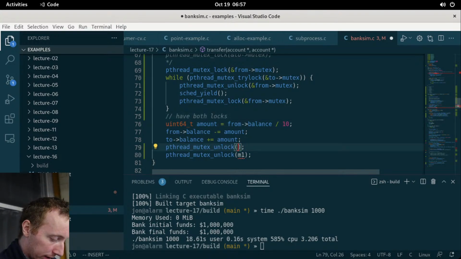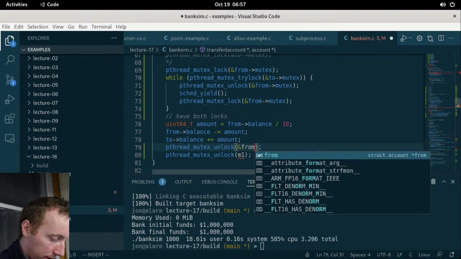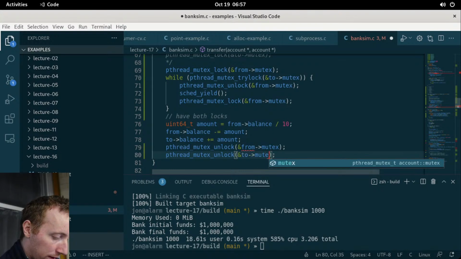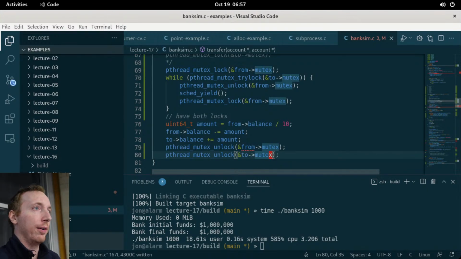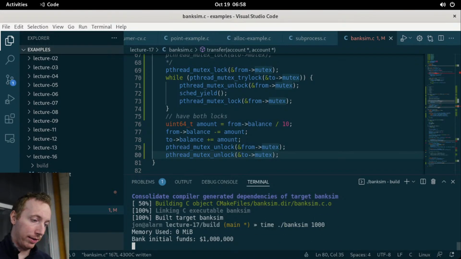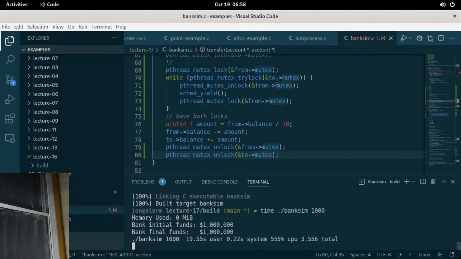So here I need to unlock my locks. All right, so do I have a deadlock now? No, because I eliminated hold and wait. So if I execute this, it should work.